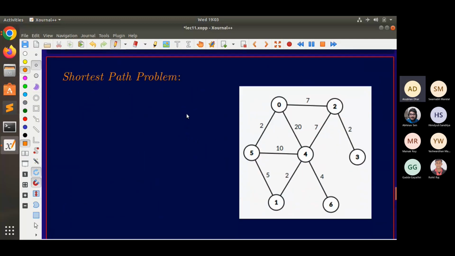Now moving on to the shortest path problem. Let's talk about weighted graphs right now. What do you mean by a weighted graph? Well, every edge has some weight assigned to it. And now let's further assume that these weights are non-negative.